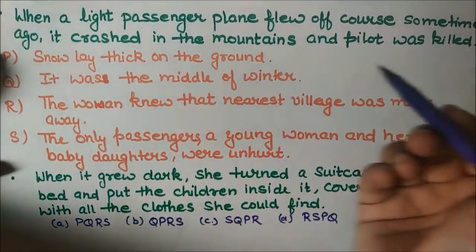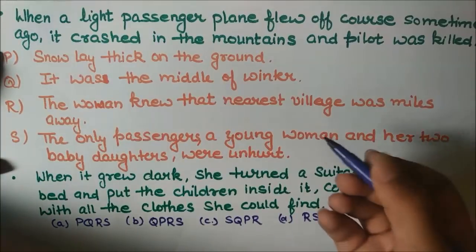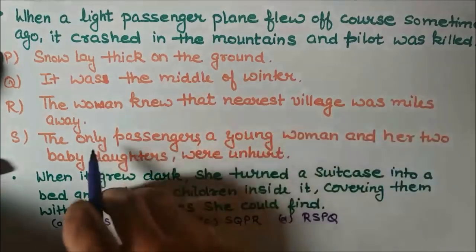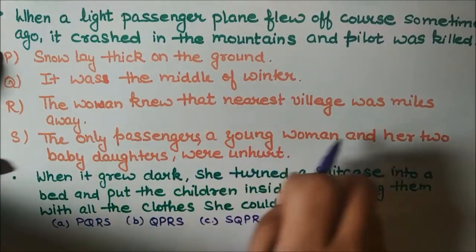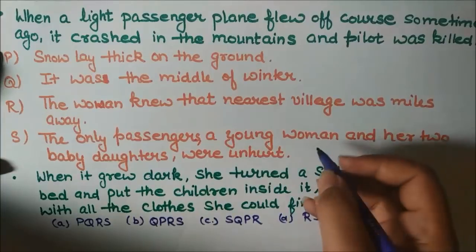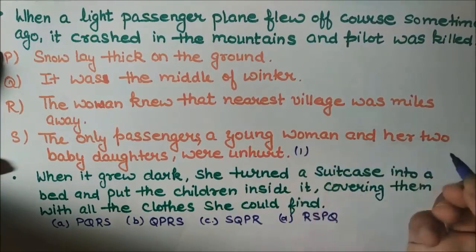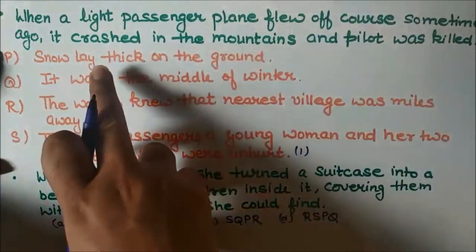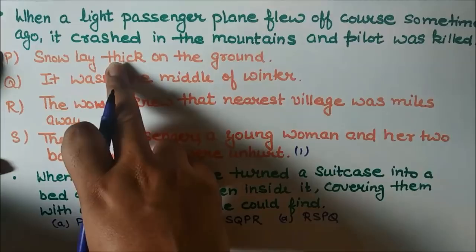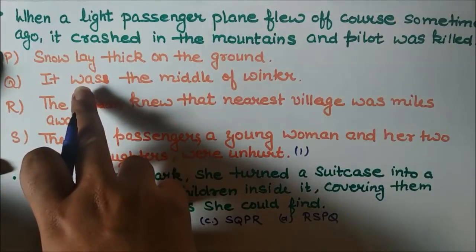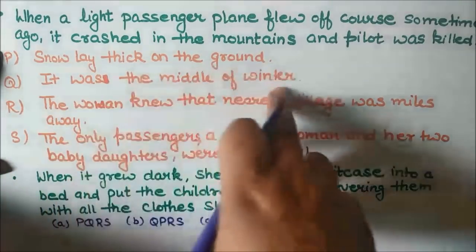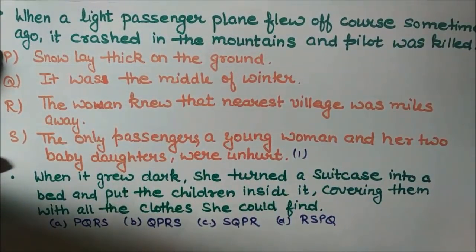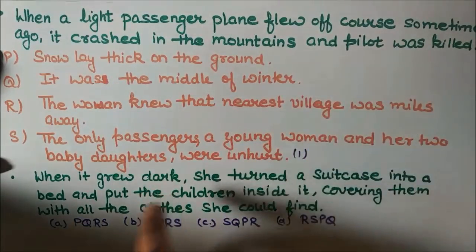Now, by observing these statements, I would say that after a plane crash, the only passengers, a young woman and her two baby daughters, were unhurt. I can choose this as the first one, because after the pilot was killed, there's no connection to snow lay thick on the ground or it was the middle of winter, since we haven't discussed any time or weather here.